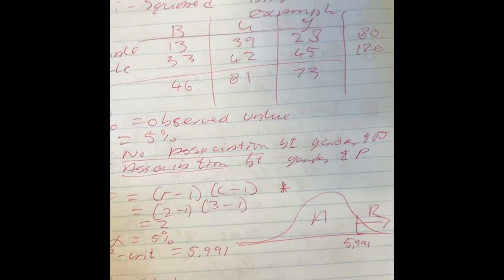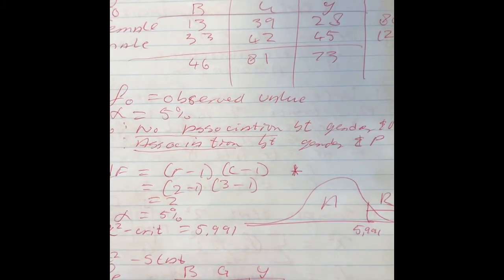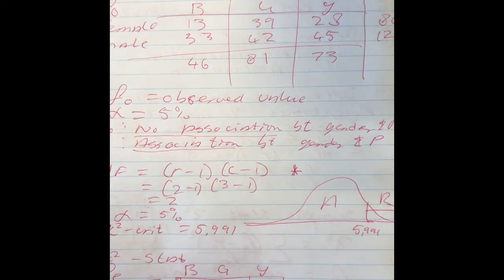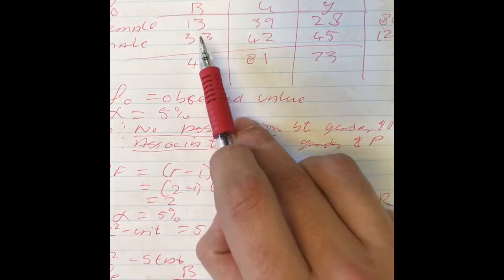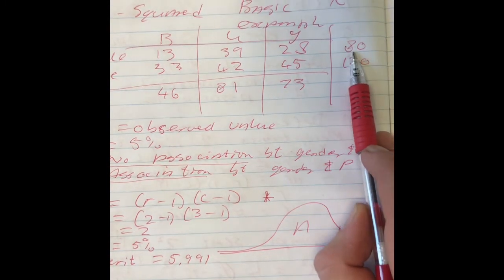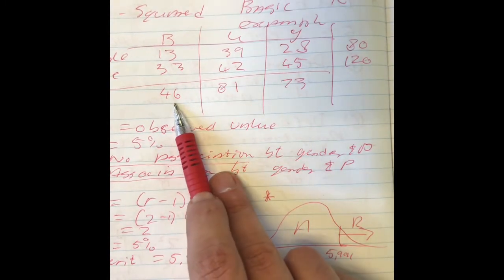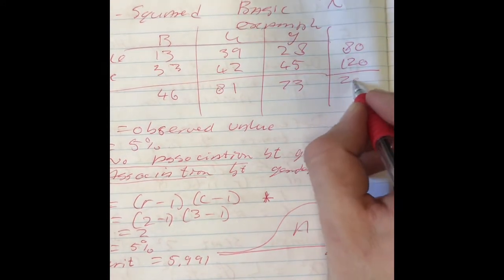And how do we calculate this? The way we calculate this is to get this FE value. We go back to our observed values, and we say 80 times 46 divided by, what is our sample size?